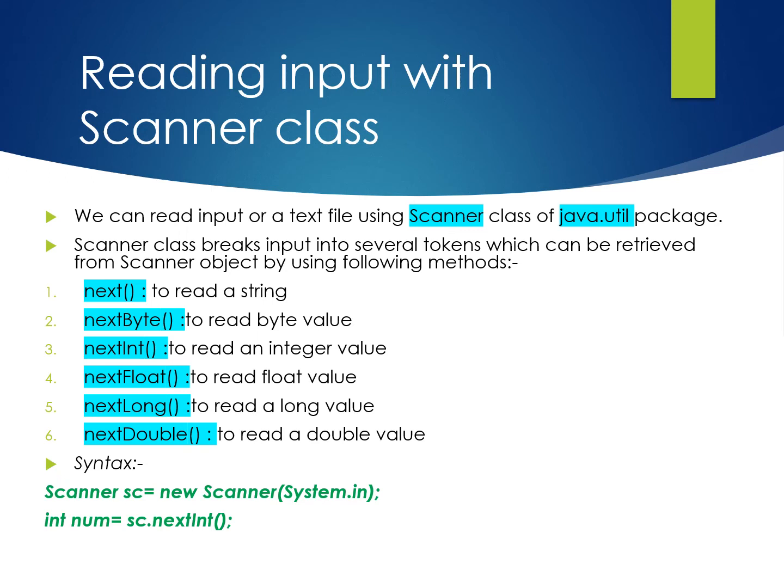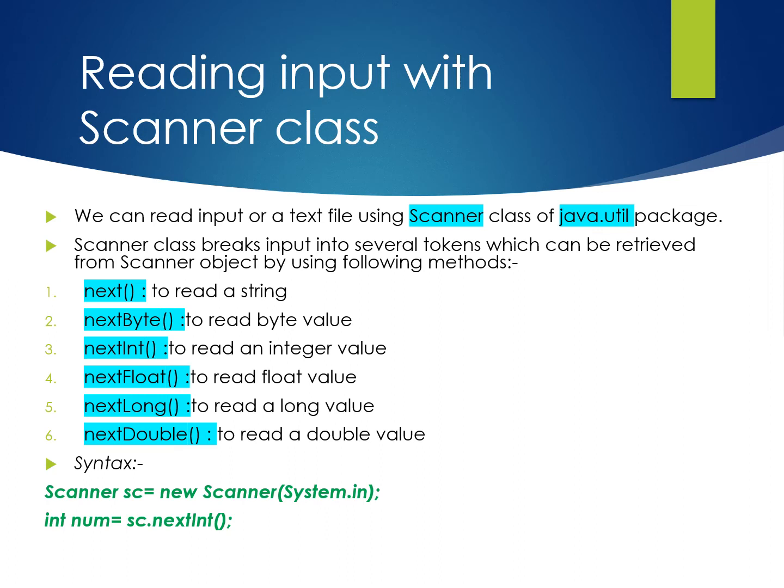Next is reading input with the Scanner class. We can read input or a text file using the Scanner class of the java.util package. The Scanner class breaks input into several tokens which can be retrieved from the scanner object using methods like next to read a string, nextByte to read a byte value, nextInt to read an integer value, nextFloat to read a float value, nextLong to read a long value, and nextDouble to read a double value.